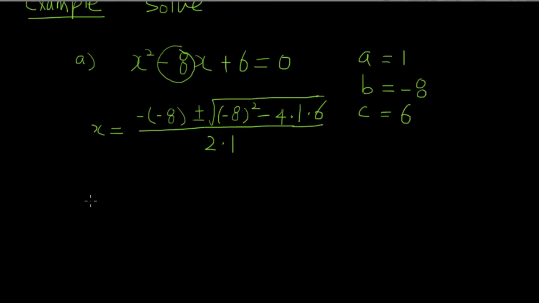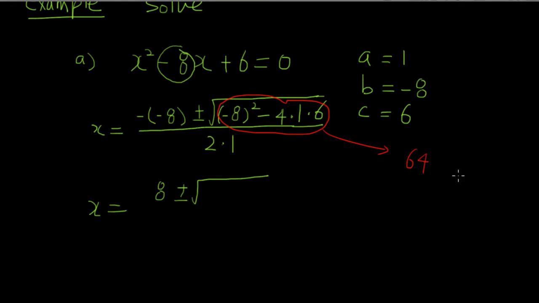So let's simplify this. x equals, what happened to this double negative? Negative of negative is a positive. Double negative becomes positive. Now plus minus square root. Now let's do the inside of the square root part right here. What's negative 8 squared? That's a positive 64.